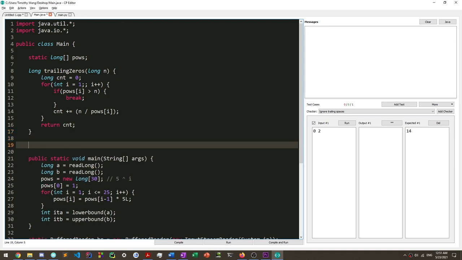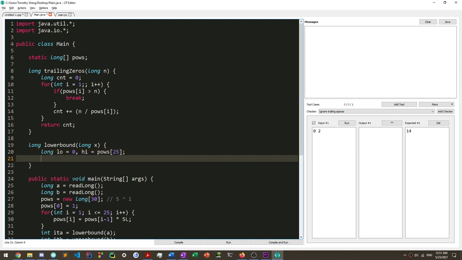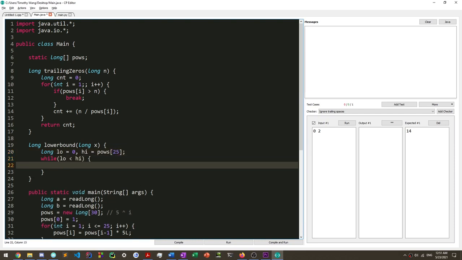Then all we have to do now is find the lower bound of A, right? So let's create that function, and we're going to pass in an integer x, for example. What we're going to do is start our search range at 0, and end it at some really big number, like pos 25. From there, we'll just use our classic lower bound code: while low is smaller than high, let's create that mid value.